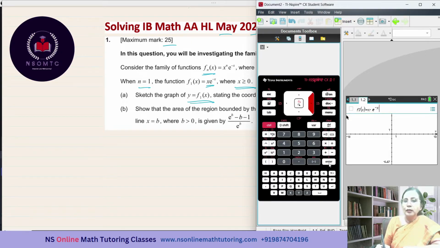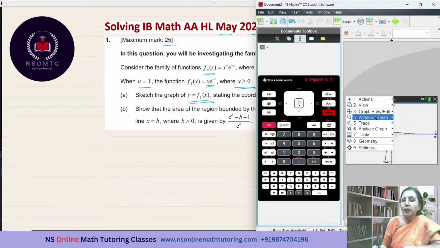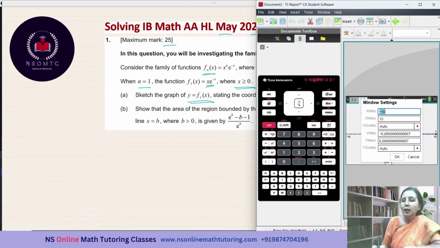Okay, enter. And we need to get the portion which has x greater than or equal to 0. So I'll go to the Windows settings, maybe taking this as -1 just to see the y-axis, and x equal to 10 is fine, I feel, and I can take this as maybe -3 and this as +3.